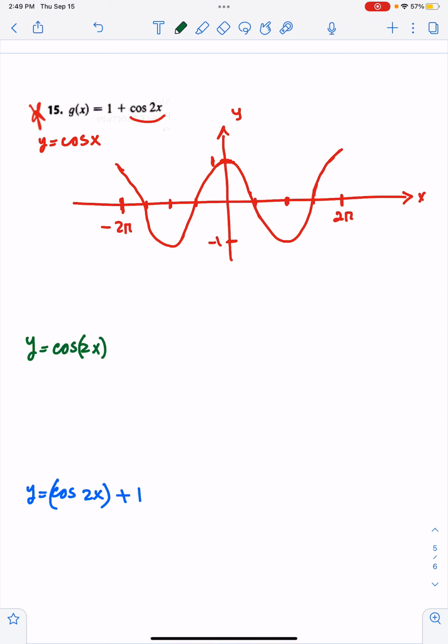So if this is pi over 2 on the original, and pi, and then 3 pi over 2, now this point would move to pi over 4. This point would move to pi over 2, and so forth. So you're just compressing the graph.